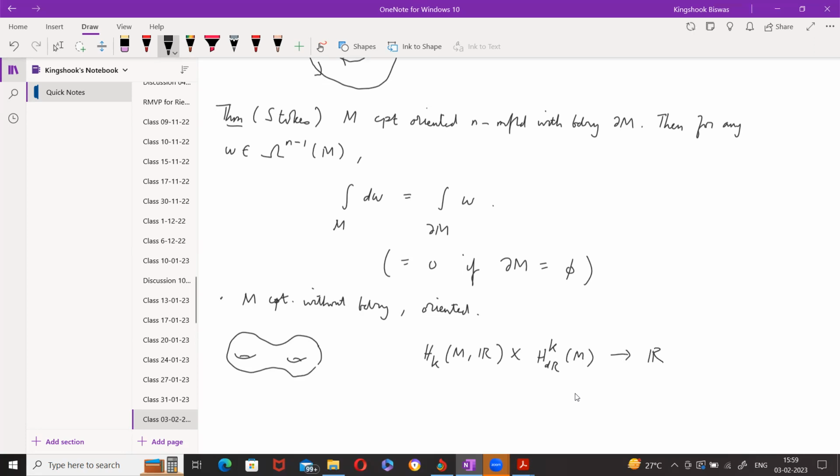Here you take a homology class, say C, and a de Rham cohomology class omega. The homology class you can represent by a singular chain C, and you integrate omega over C.